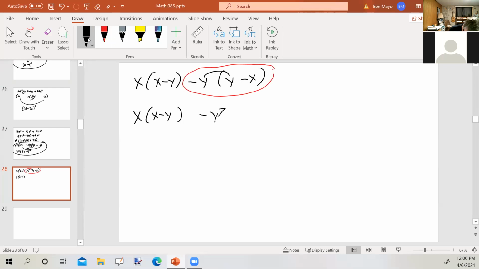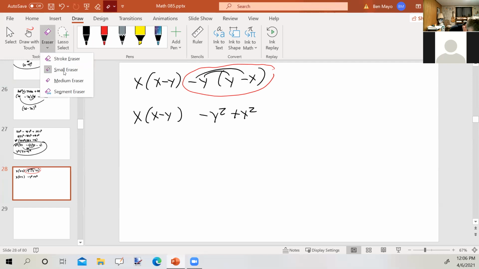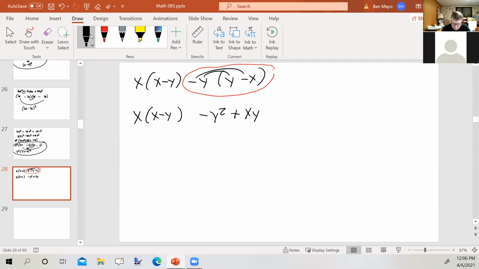I'm going to distribute this. Oops, that's wrong. This would be what? Plus xy, right? Okay. How about if I rearrange this and wrote plus xy minus y squared?